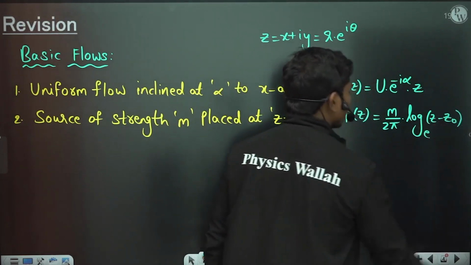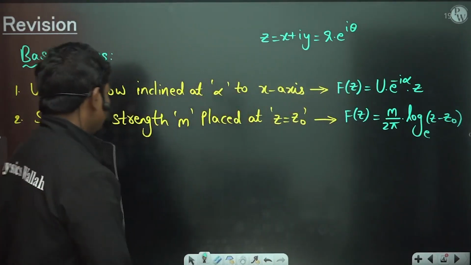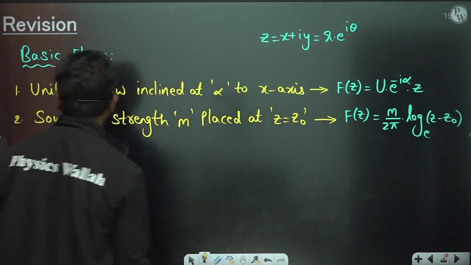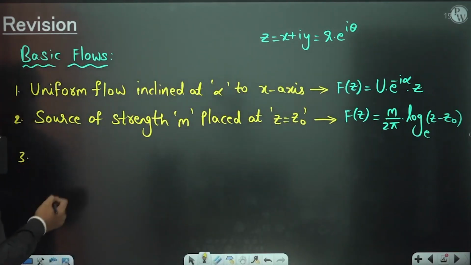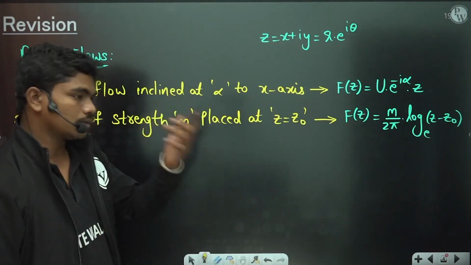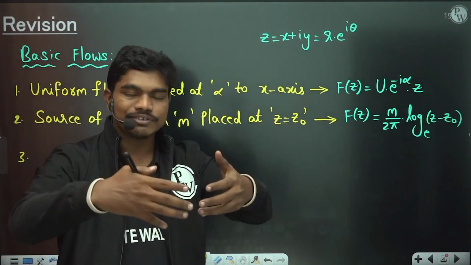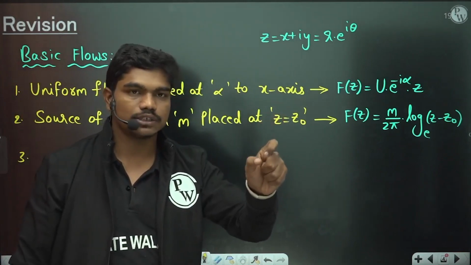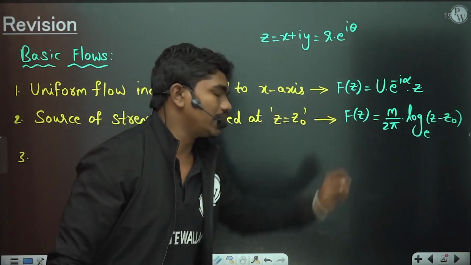Then we have seen the case of sink. If you have a sink, then definitely there is a minus sign here. In case of a sink the velocity is in the negative direction of radius, so in the decreasing direction of radius, so there comes a minus sign here.